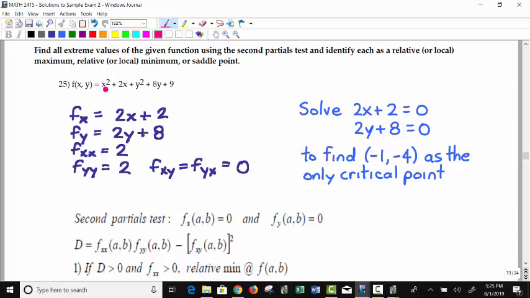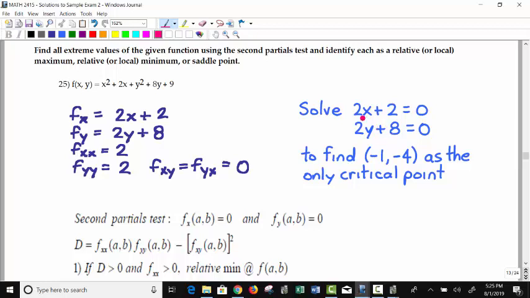All right, so let's see. Pretty easy there: 2x plus 2, and 2y plus 8. The fxx partial will be 2. The fyy partial will be also 2. And then the fxy partial will be 0. You can take either order; the y partial of this will be 0. So we need to solve this as a pair of equations, but since there's only one variable in each one, they don't interact with each other.